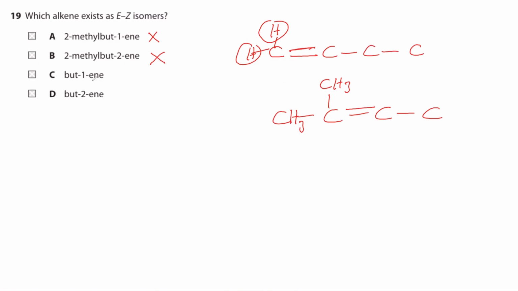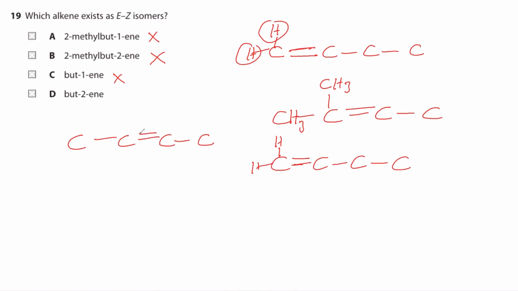Third one, but-1-ene, 1 2 3 4. When they say 1-ene, the first carbon has a double bond, so obviously one side is hydrogen, and it is rejected. But-2-ene, 1 2 3 4, double bond. Obviously, if A, B, C cannot be our answer, D should be the answer, but we'll check it.